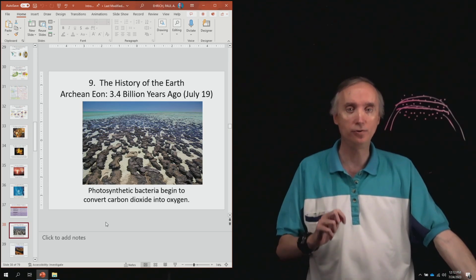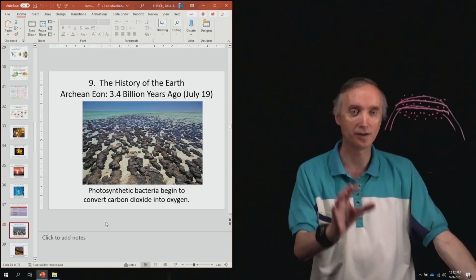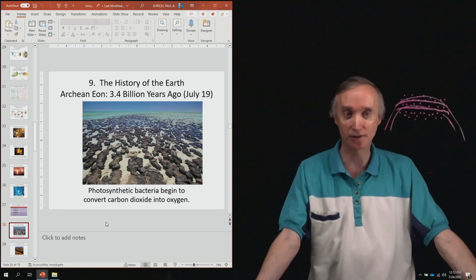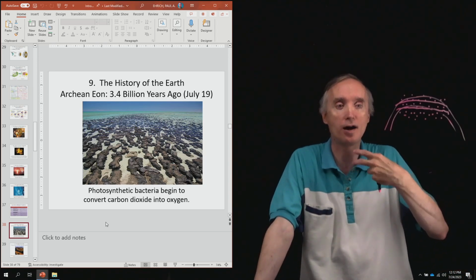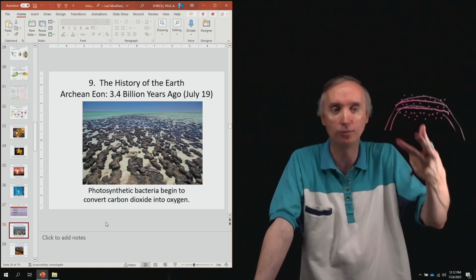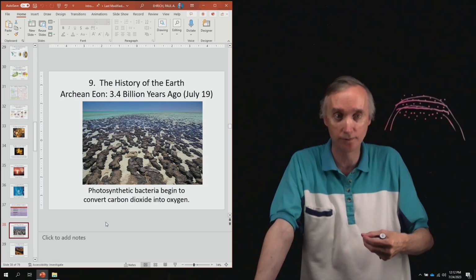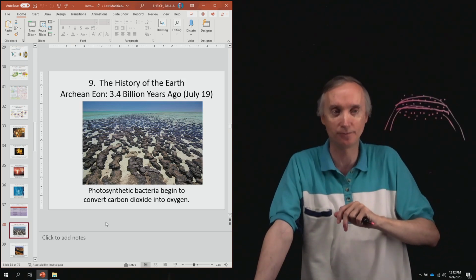Now this is huge because a waste product of this process is oxygen. In the same way that our waste product is carbon dioxide when we breathe out, the waste product of these bacteria is oxygen.